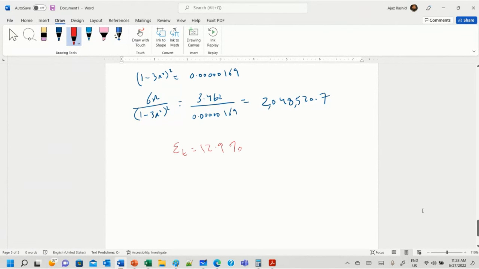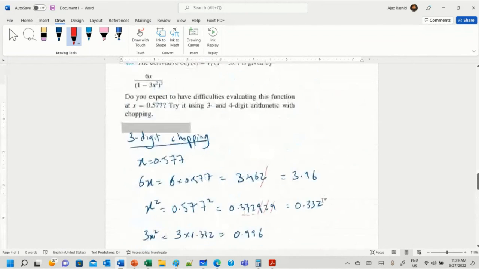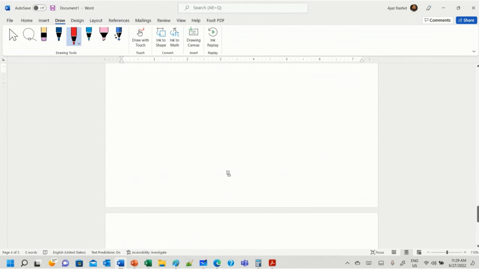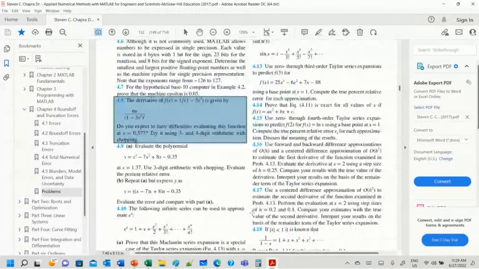So you see how the chopping has an effect on the values that we calculate. This example shows us the effect of chopping on the way the operations are done, and how the numbers end up giving us errors.